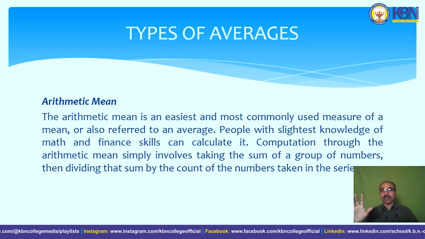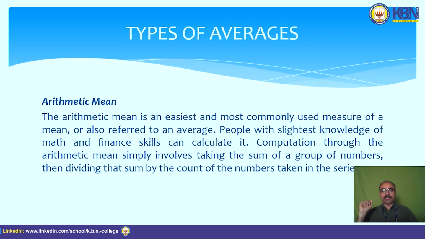What is the arithmetic mean? It is the most commonly used measure and is also called the average. This is the simplest form; even a slight knowledge of mathematical operations is enough to compute it.